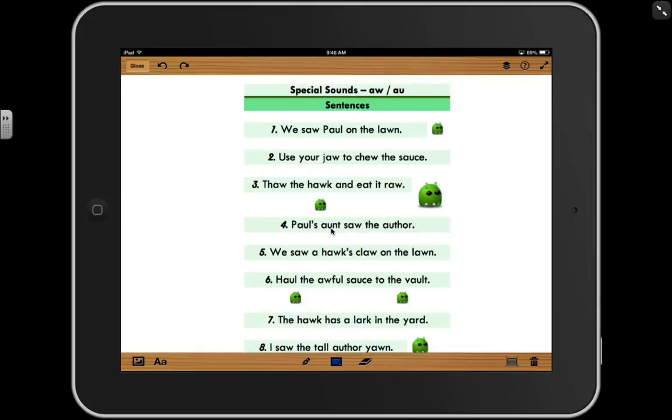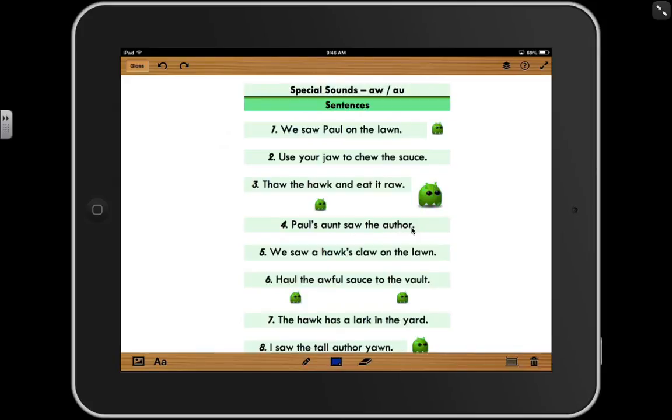How do we sometimes say aunt? Like my aunt and my uncle. That's what this word is. But in some areas, you really pronounce it differently. It just sounds funny.